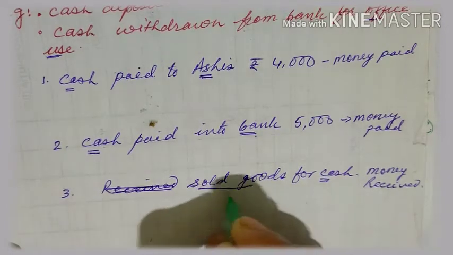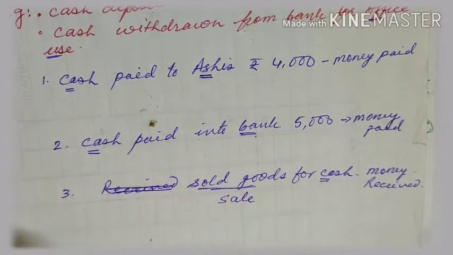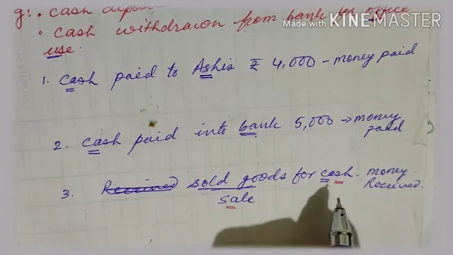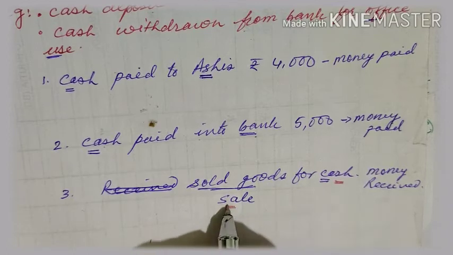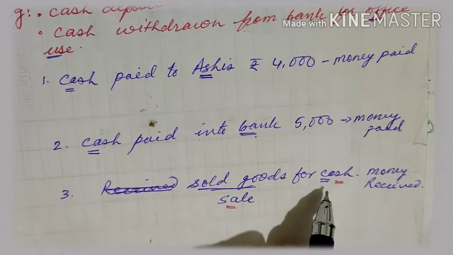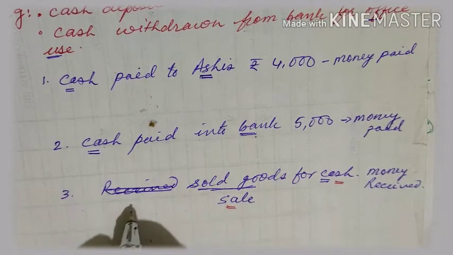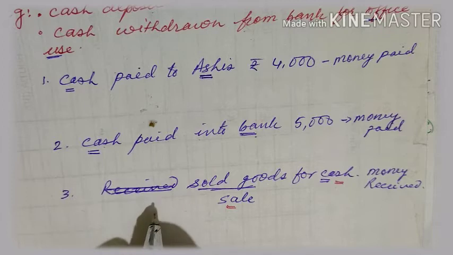From the sale of goods. So what are the 2 accounts affected here? This is cash and sales. Right? So since cash and sales are affected here, is it a contra entry? No, it is not a contra entry because only cash is affected. There is no bank here. So this is not a contra entry.